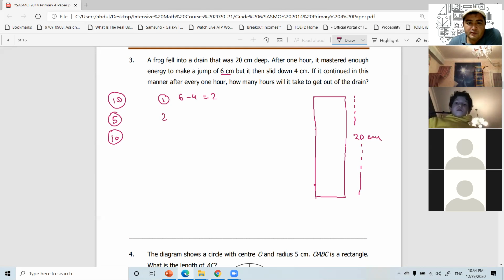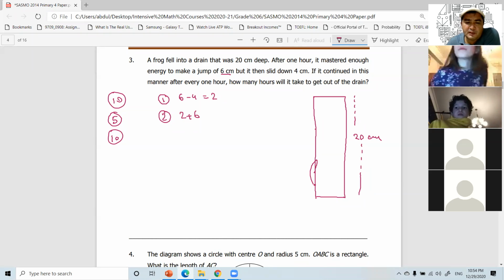In the second one, we have 2 plus 6, right? Because now it is jumping again, and again slides down. So 2 plus 6 is equal to 8, and again minus 4, that's equal to 4. Now the height of the frog is 4.